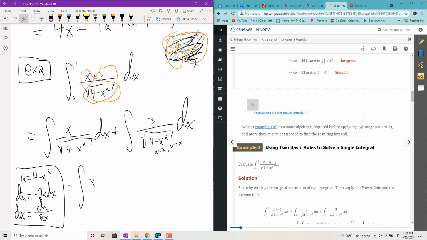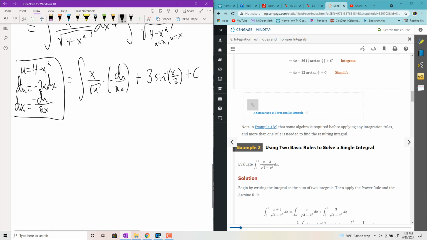That first integral, we have x all over the square root of u times negative du over 2x, and then plus what will end up being 3 sine inverse of x over a, u over a, so x over 2. Let's go ahead and factor out the negative 1/2.